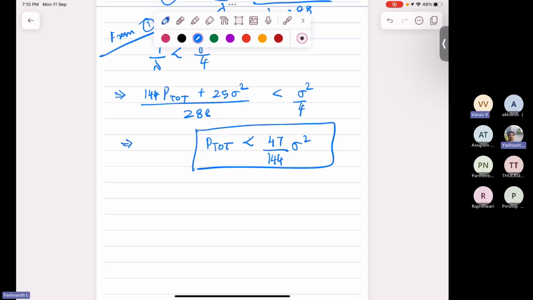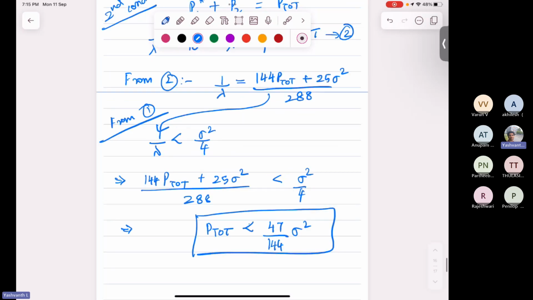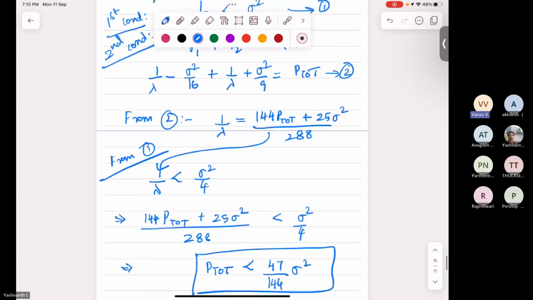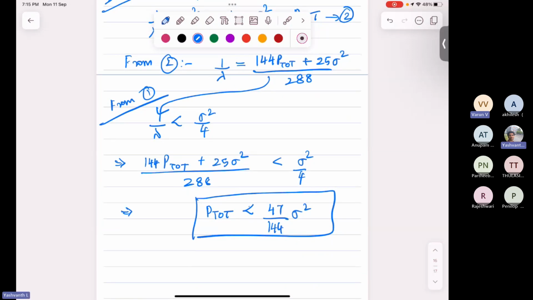0 greater than P tot less than 47 by 144. Okay, so you're saying this, right? Sorry, it won't be 0. It will be greater than sigma square by 9.